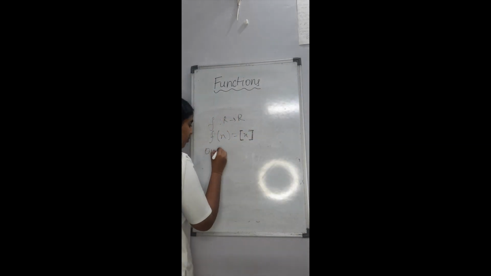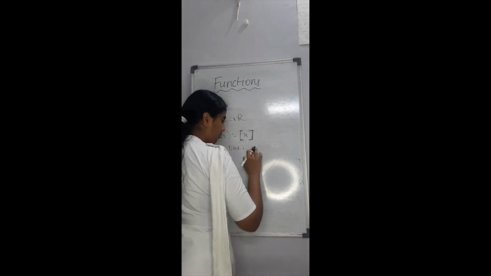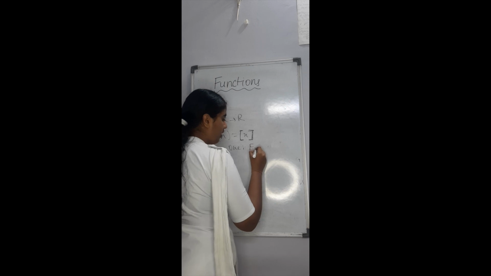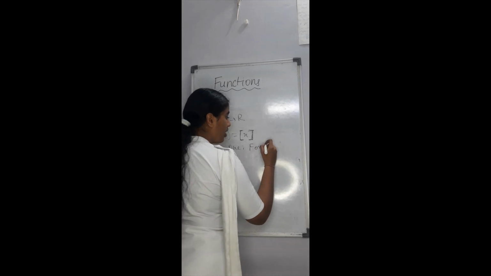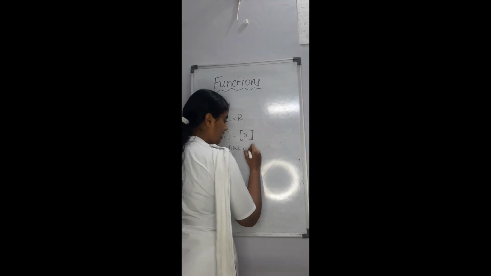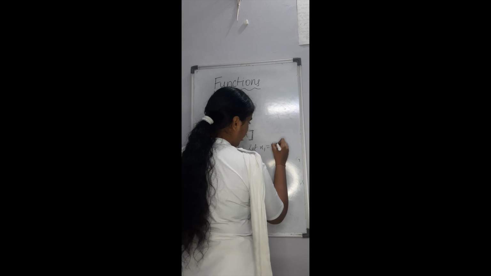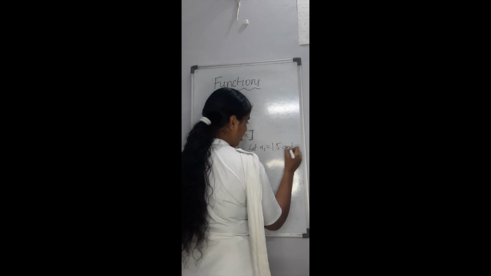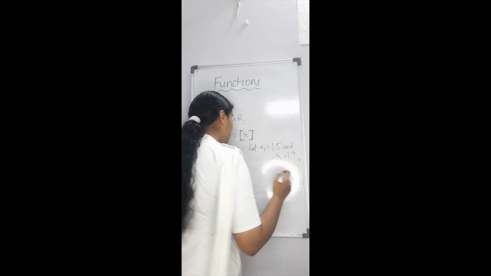So when we write 1-1, the condition over here changes a bit. Let x1 equal to 1.5 and x2 equal to 1.9, right?